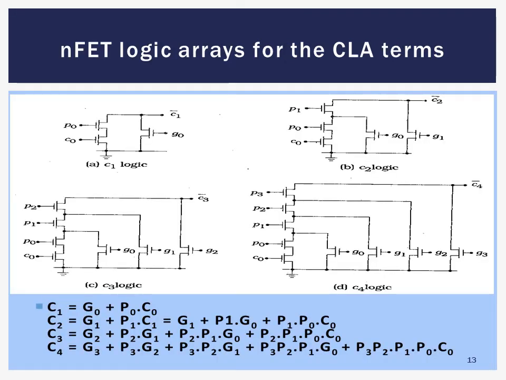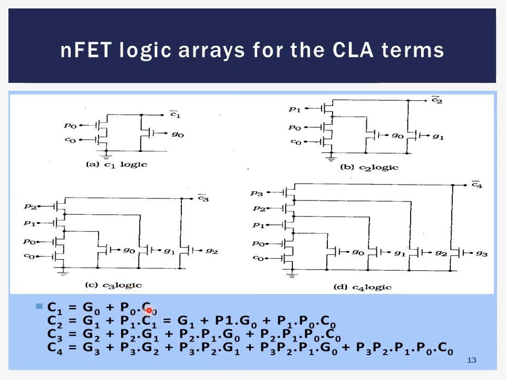Now let us look at the NFET logic implementation for the carry look ahead adder terms. This is nothing but the NMOS logic, I mean N block, right? So basically for carry 1, C1, the equation is G0 plus P0 into C0.